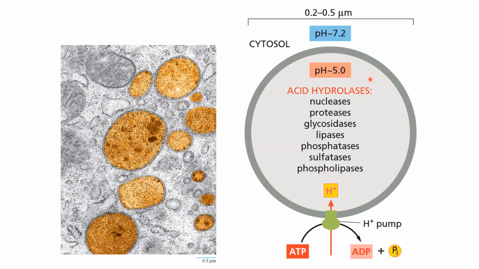So there will be more hydrogen ions on the inside than on the outside. This is of course thanks to ATP's help. So this is active transport. So this is going to cause the inside of the lysosome to be acidic. And therefore, the enzymes here can work because it's an optimal environment for them to work.